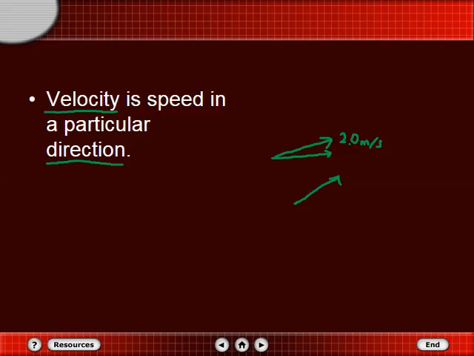So let's say you're going in that direction, and that was 2, and then you changed and went in that direction, also 2. You wouldn't have changed your speed, but you would have changed your velocity. And that change in velocity, because there's a change in direction, would be classed as accelerating. So even though the speed hasn't changed, the velocity has, and that means it's accelerating. That's just because velocity considers direction as well, and that helps us to understand a bit about circular motion.